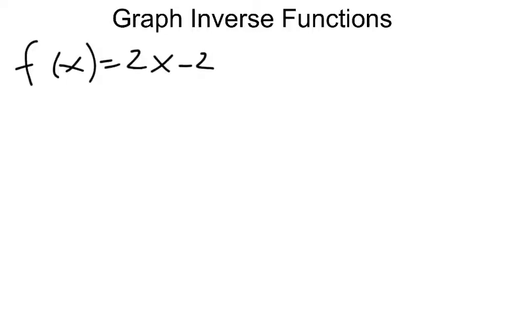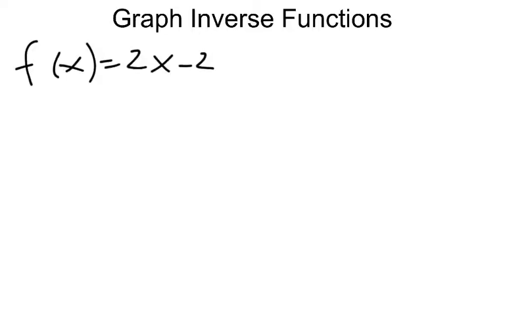I'm going to show you the easiest way to graph an inverse function, which is basically making a table of values for my original function. That's my original function. I make a table of values and then I switch the x and the y values.